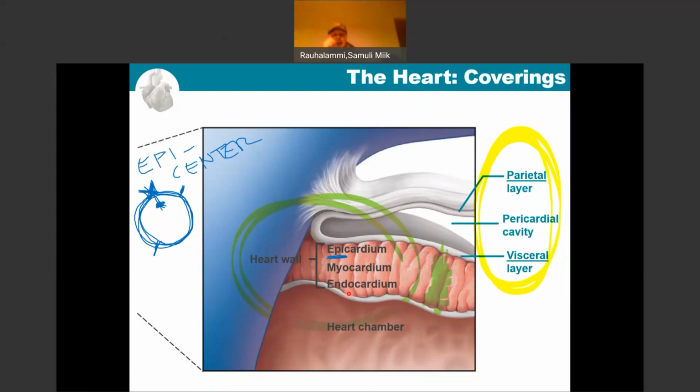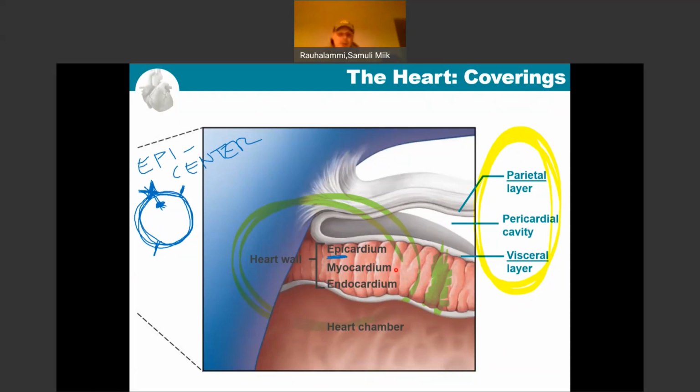You can think of it as endo, the end of it, the innermost, the inner layer, whatever helps you to remember that. And in between these two is the thickest and the fleshiest part of the heart muscle, which is known as myocardium. And this myocardium is really what I've been super interested in my research and in the work that we've been doing with the research group.